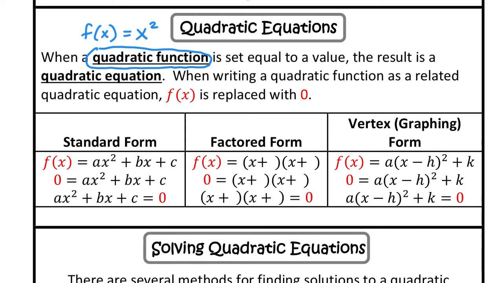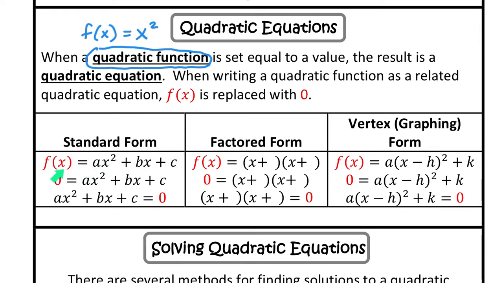So we're going to be looking at the different forms that they can appear in. For example, here, standard form, you have function notation. So you have f of x equals some sort of function. And we've seen functions like this when we do the table method or a perfect square trinomial. And this is called standard form. So remember, we put things in order from the largest power, power of 2, power of 1, and no power.